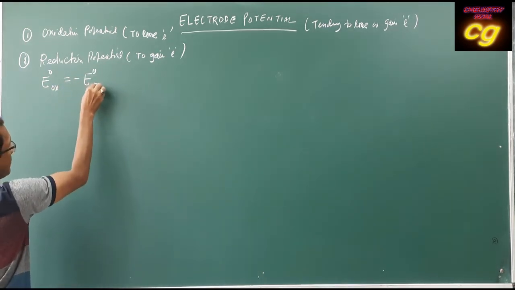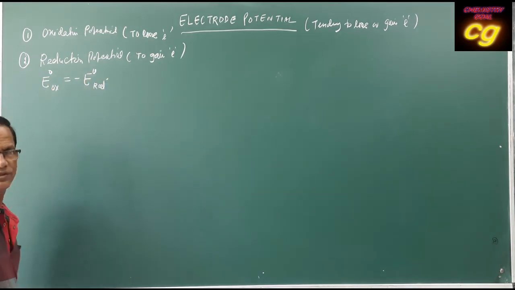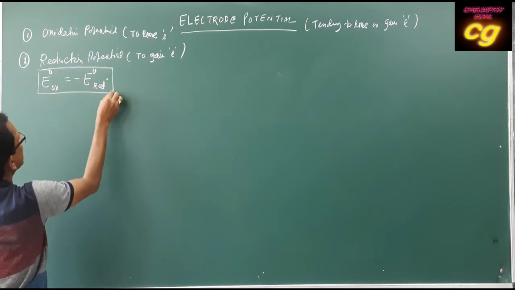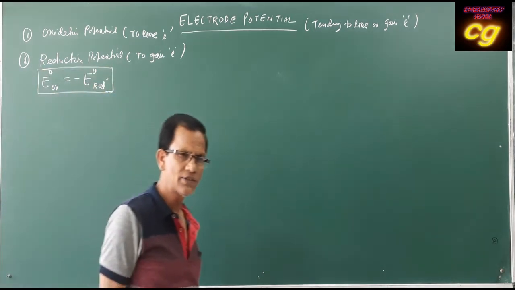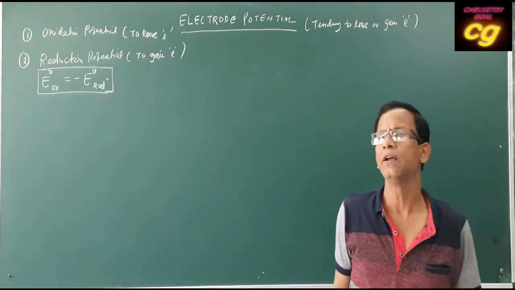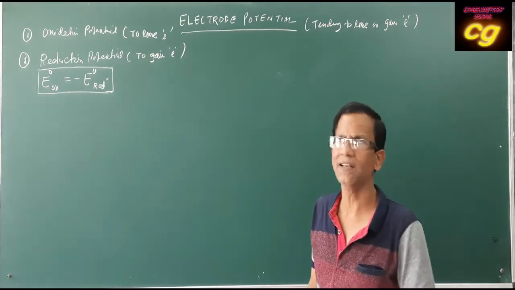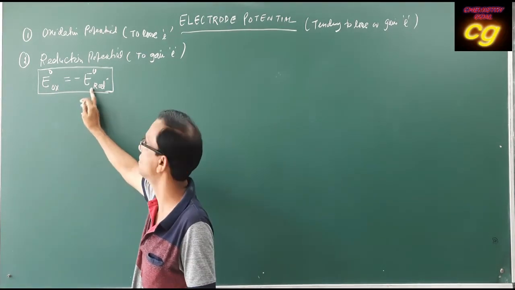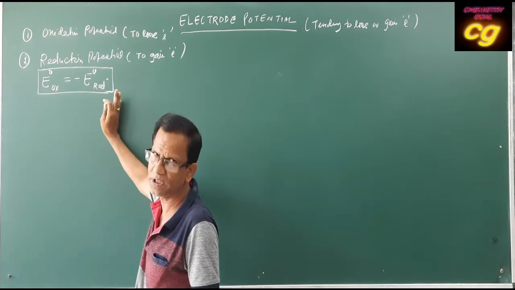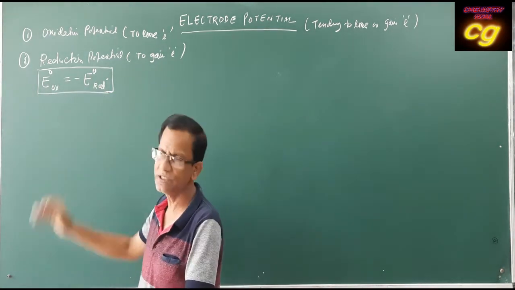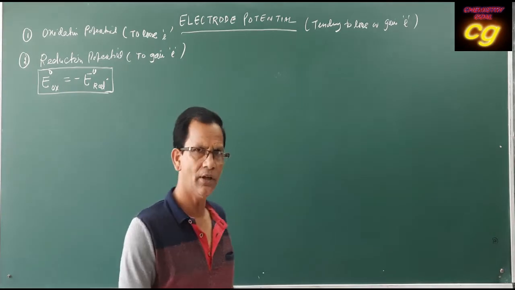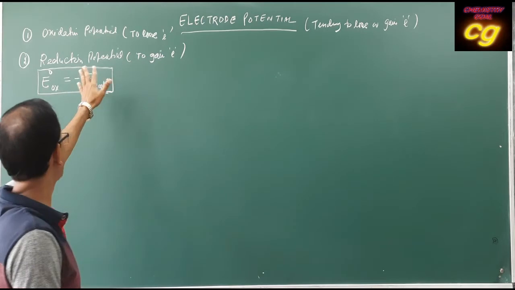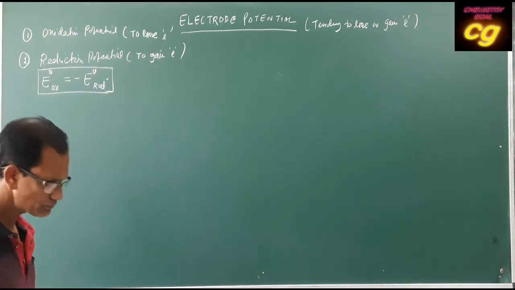The value is the same, but the sign is different, because if one has a high tendency to lose electrons, the other has a low tendency to accept them. High oxidation potential means low reduction potential. So the magnitude is the same, but the sign is different.